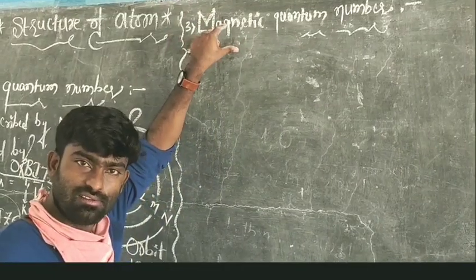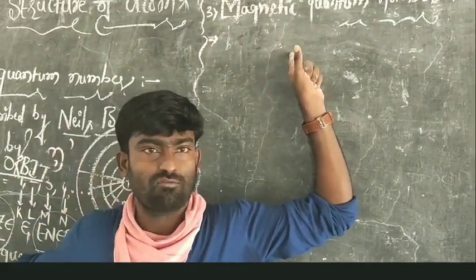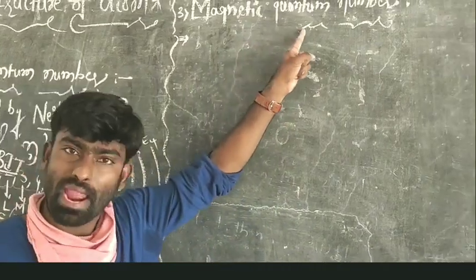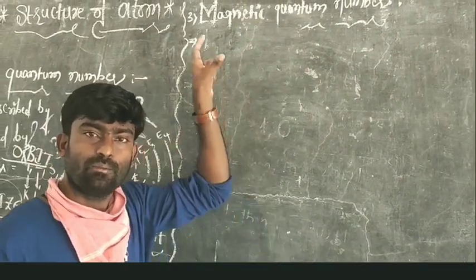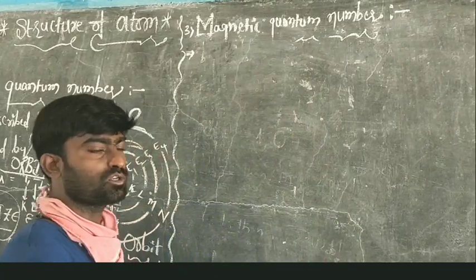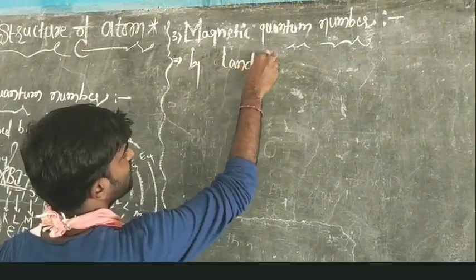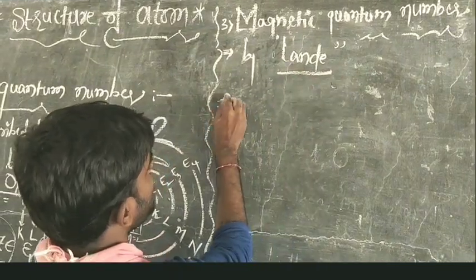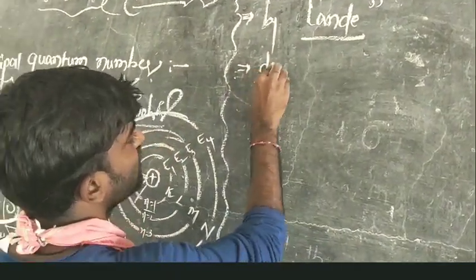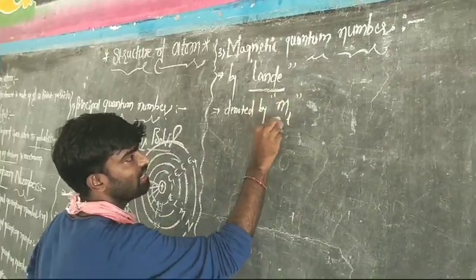We are going to learn about the third type of quantum number, the magnetic quantum number. The magnetic quantum number was proposed by Landé, and it is denoted by ml.